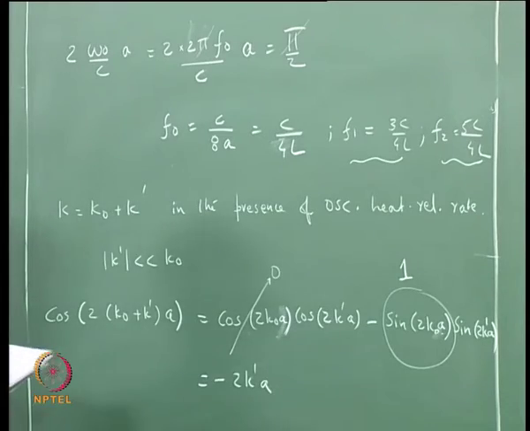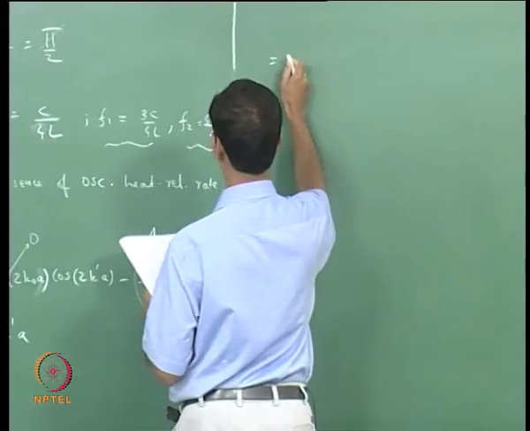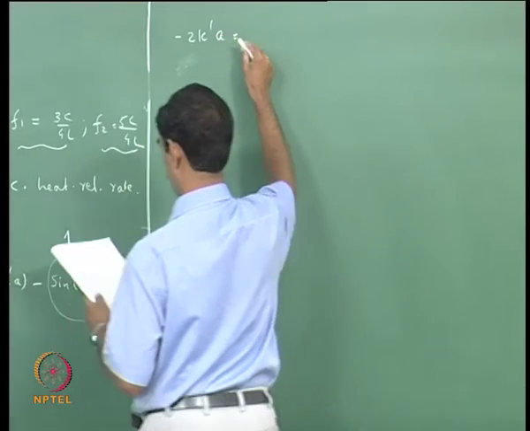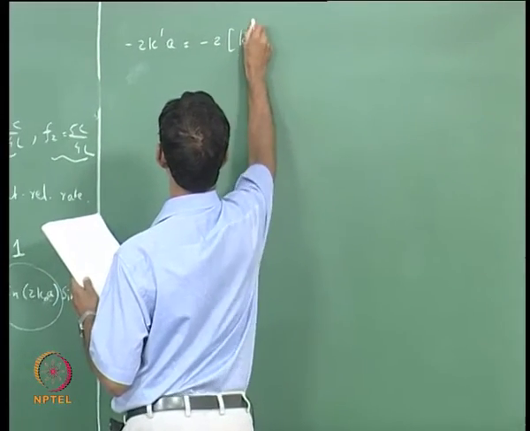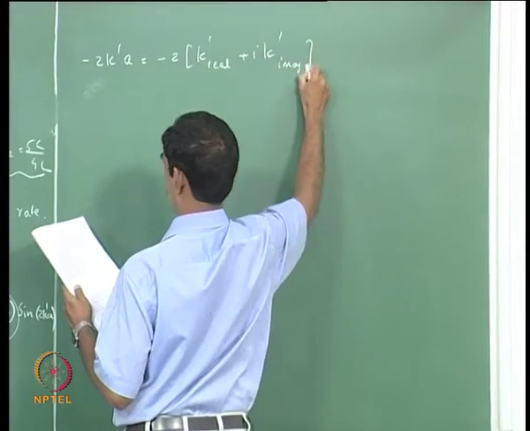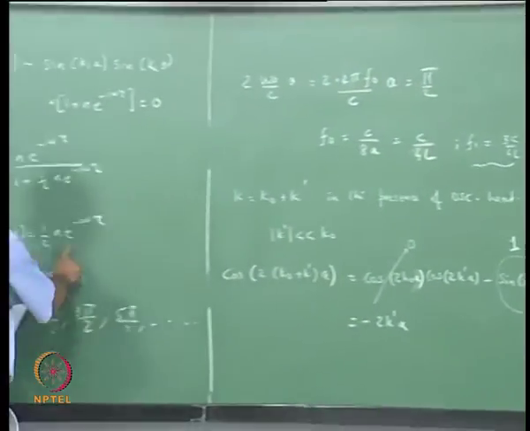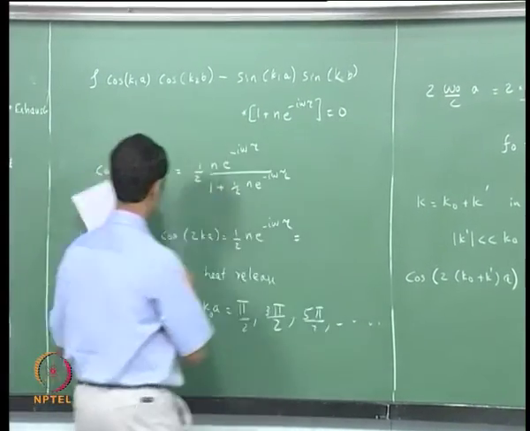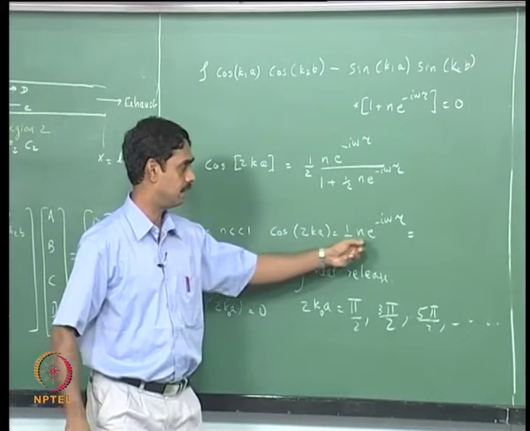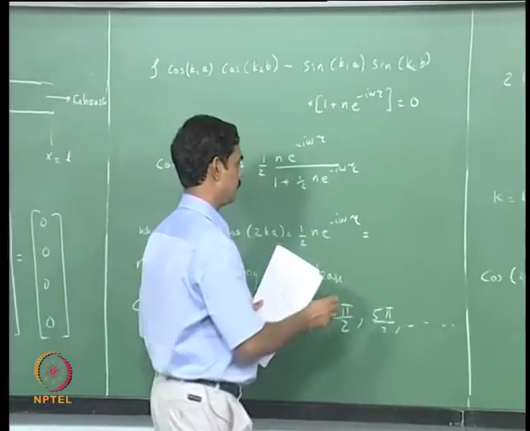So if you look at this, if you expand this, we had this relation for k as cos 2k equal to half n e power minus i omega tau. Again this is for the case of n being really small.